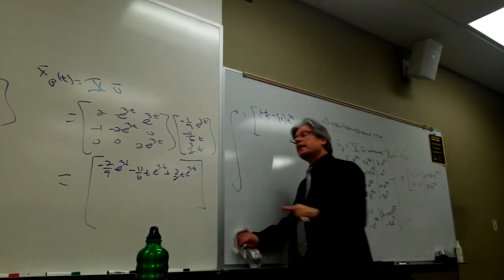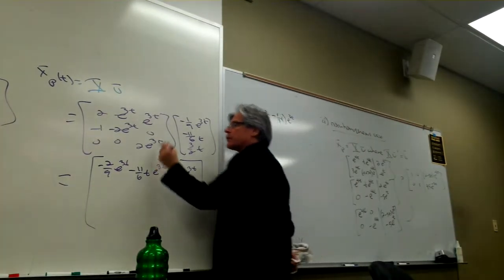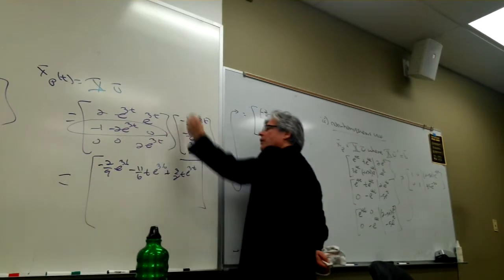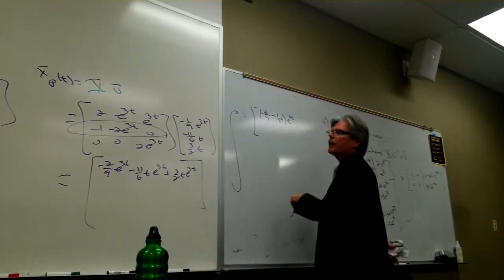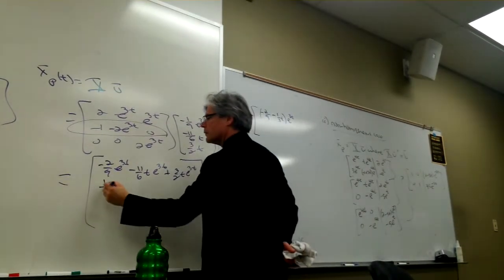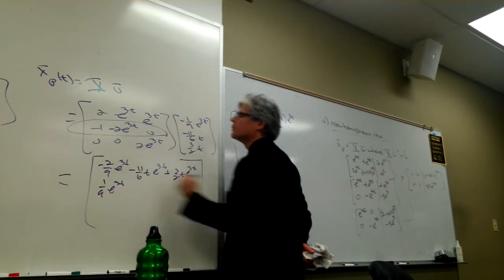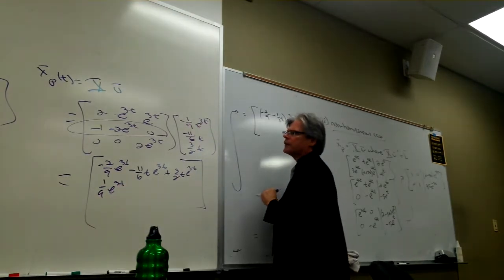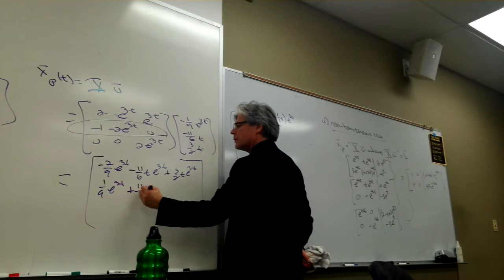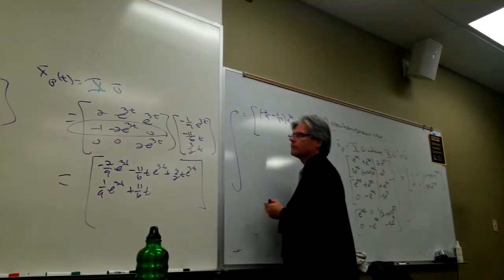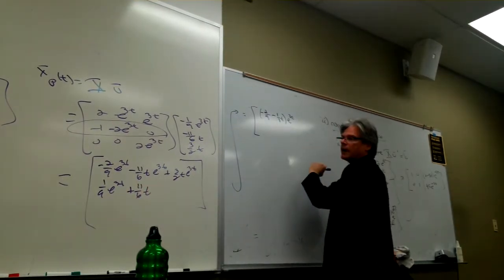Now, I think the second entry in this product matrix is going to be the result of dotting the second row of the first with the single column of the second, but I think that's going to give me a positive 1/9. How about a positive 11/6? Oh, I guess I don't need to simplify.